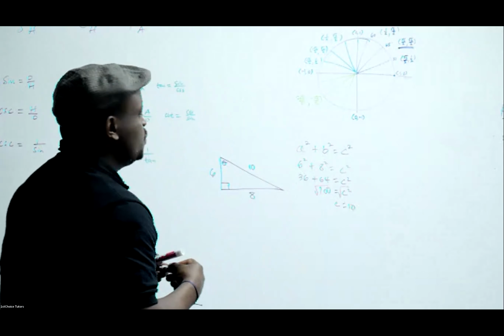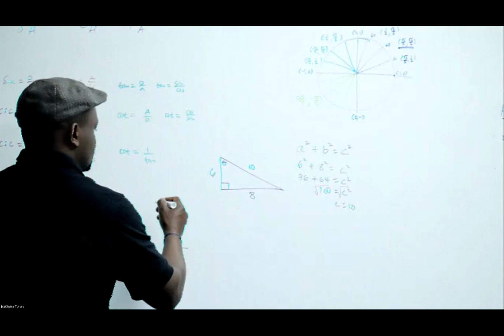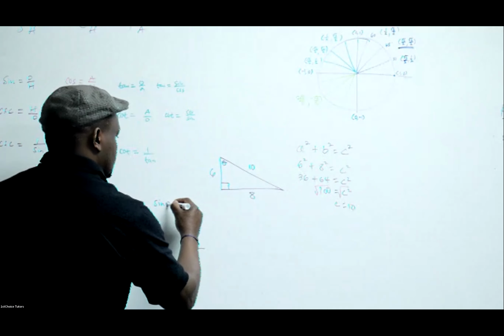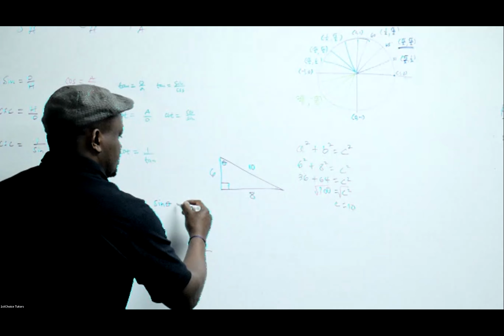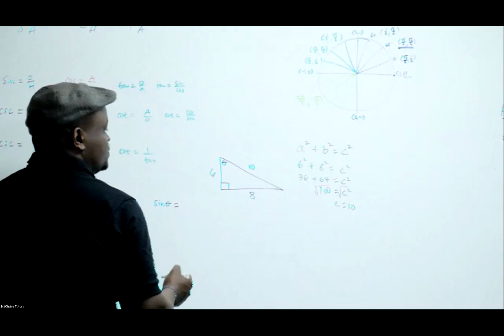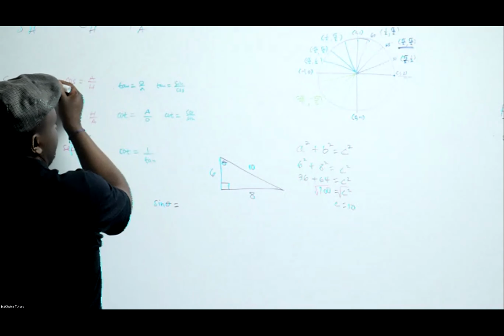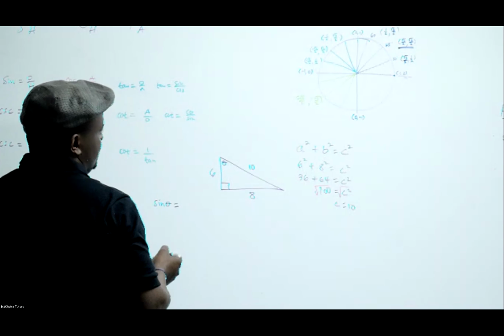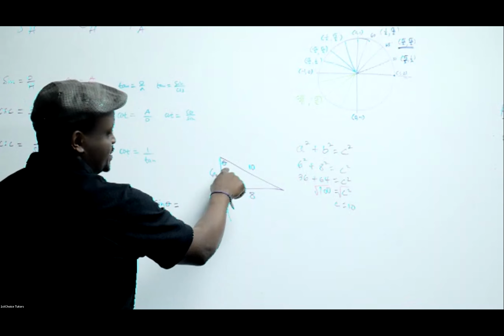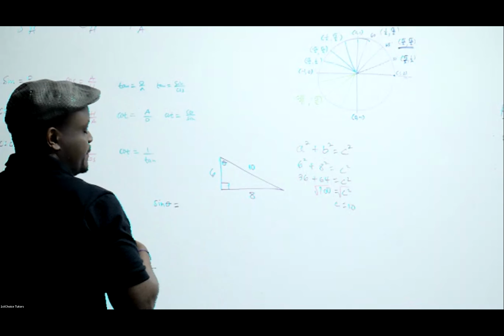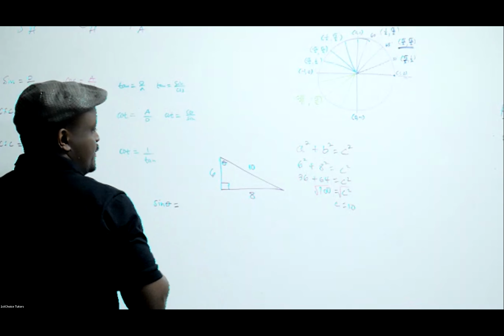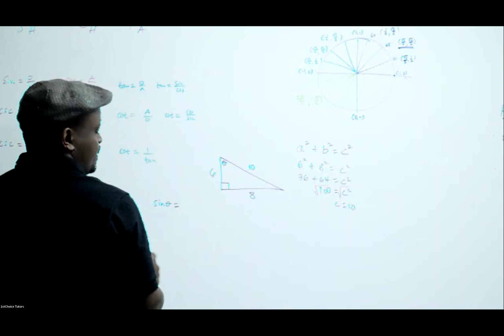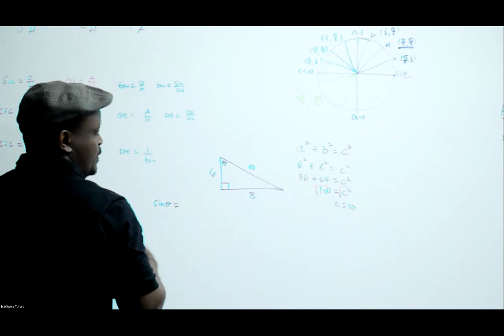Yeah. So we needed that to be able to do this. So let's set it up. We'll say sine theta. So sine is what over what? Opposite over hypotenuse. So when you're looking at theta, which side is opposite from it? 8.